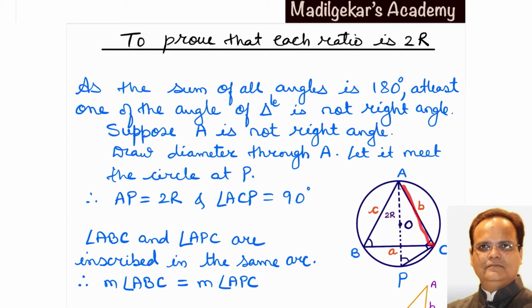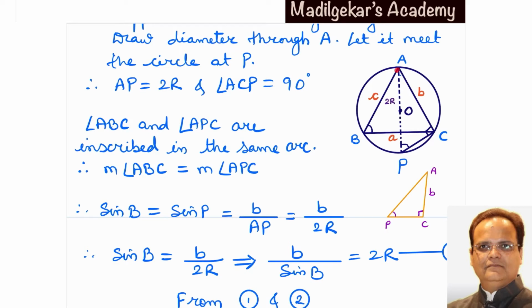So this angle ACP must be 90 degrees. Observe angles ABC and APC. Both these angles are inscribed in the same arc, that of AC. So we have angle B equals angle P.